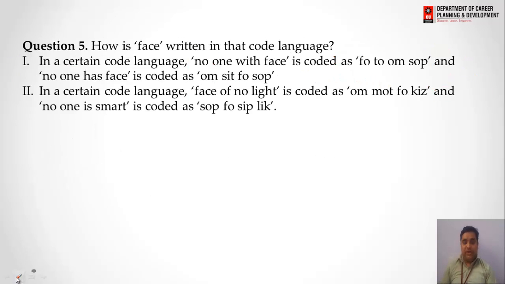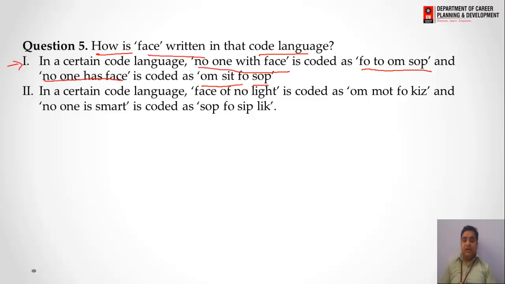Now the next question: how is face written in the code language? The first statement says in a certain code, no one with face is written as FO, TOOM and SOP. No one has face is written as OM, SIT, FO and SOP.